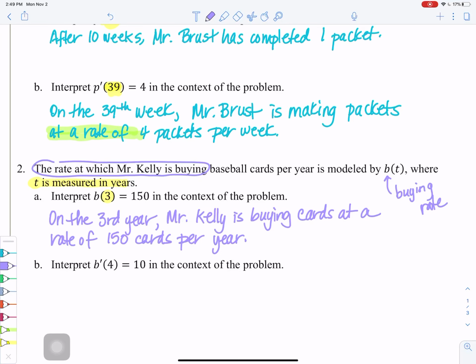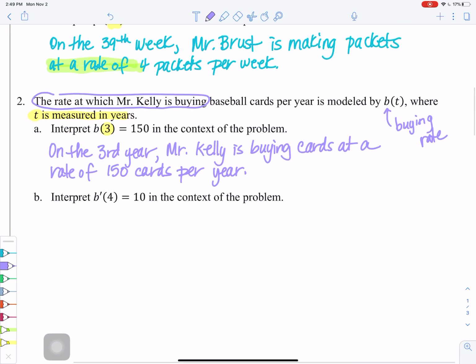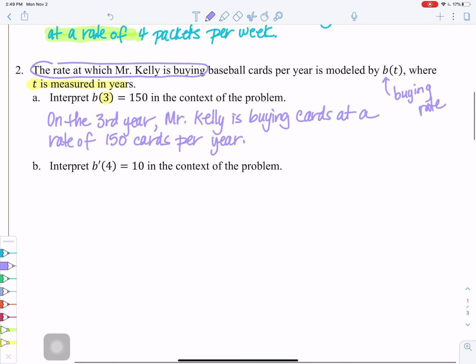So we started with a rate, but now we're going to take the derivative of the rate, okay? So B prime of 4, again, 4 is going to be our T measured in years.